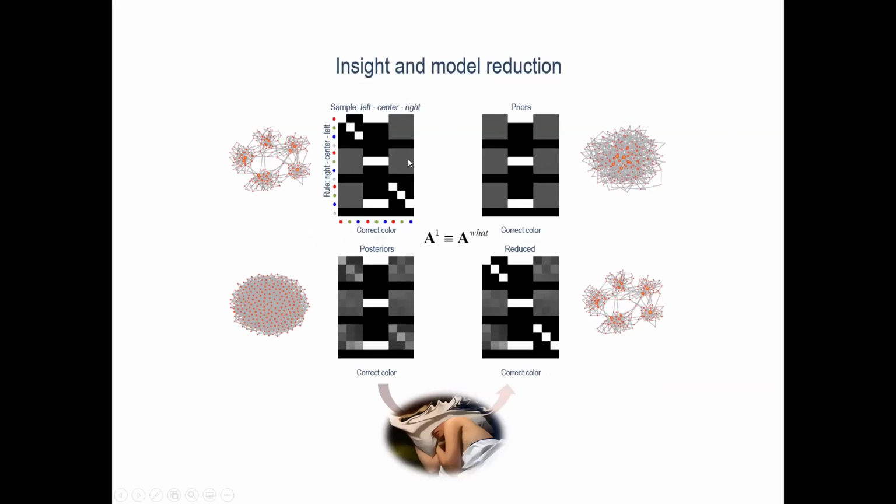So here we have the true rule as encoded by the likelihood mapping.